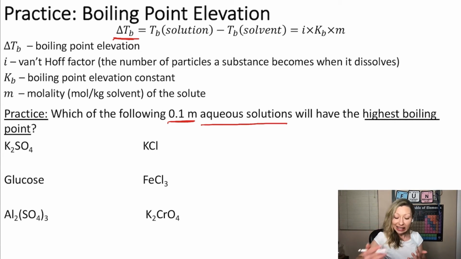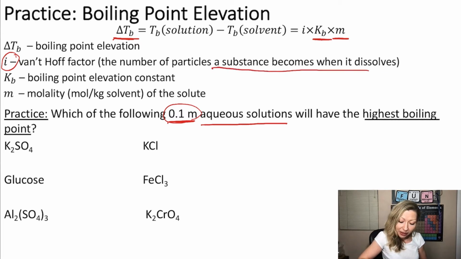As I said, it depends on the molality, which is going to be constant in this case, and on the boiling point elevation constant, K sub B, which is also a constant. So overall, in this example, the change in temperature is going to depend only on i, the Van 't Hoff factor, so the number of particles a substance becomes when it dissolves.